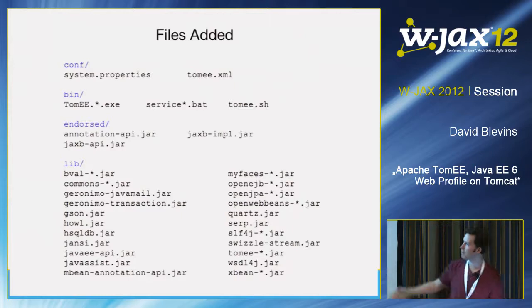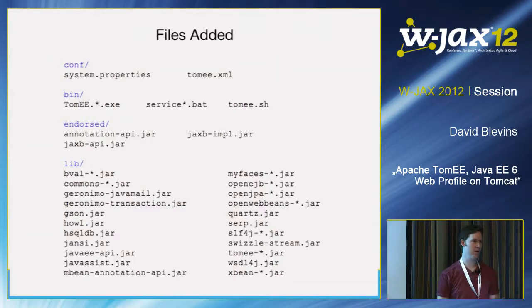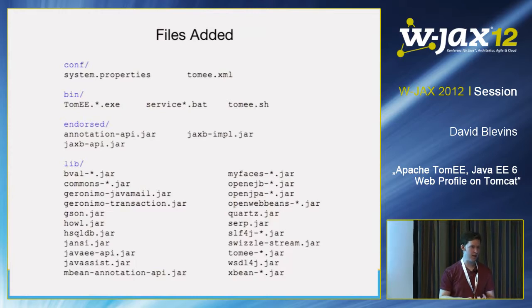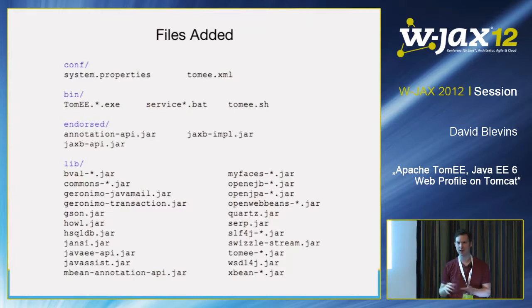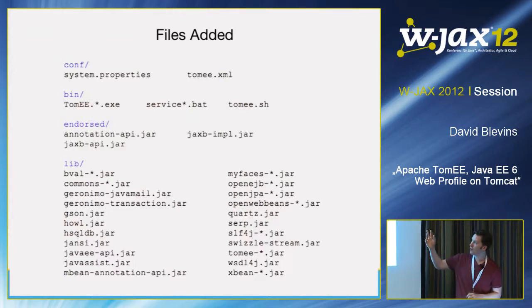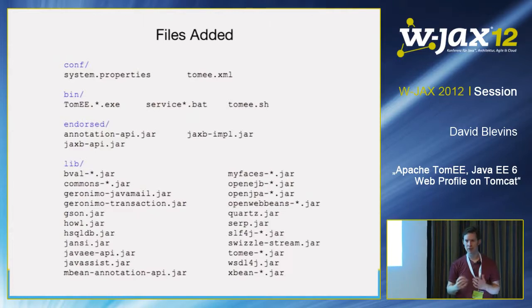So when we unzip Tomcat, this is what gets thrown in. All right, so on the top, there's 2 config files. They're optional. The tomee.xml file is there so you can declare JMS brokers, configure EJB containers, and the things that Tomcat doesn't allow you to do. So that there is your extra configuration file for the other stuff. The system.properties file is something we threw in for convenience.